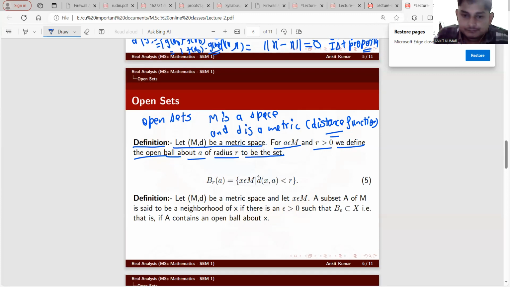Suppose a belongs to M. We define an open ball about this point a of radius r. So this is radius r. Okay, and this is open. So here we contain all the points.